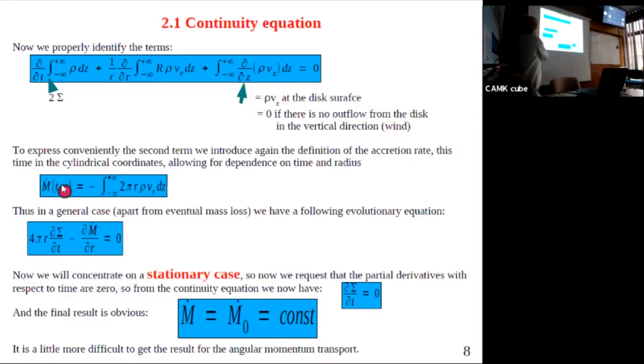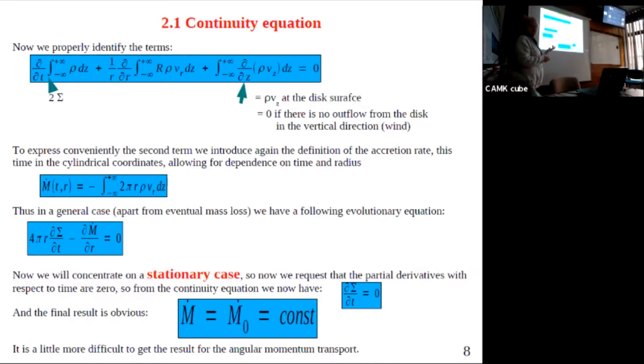But now in general, this accretion rate can be a function of time and radius, but nevertheless, this is 2 pi r times the amount of material which is flowing, which is density times radial velocity, integrated over z.